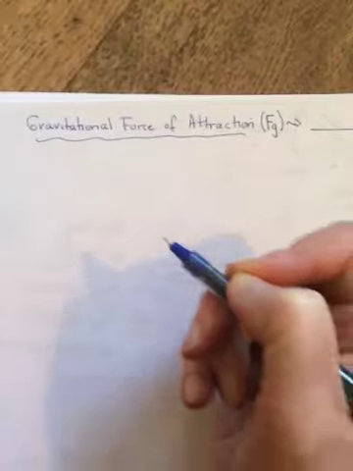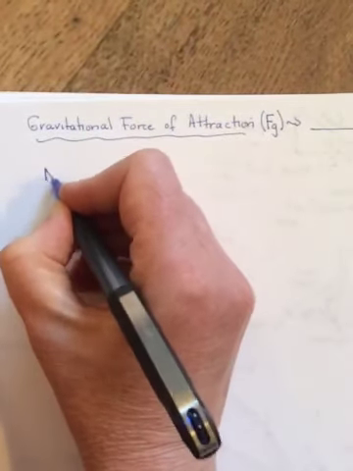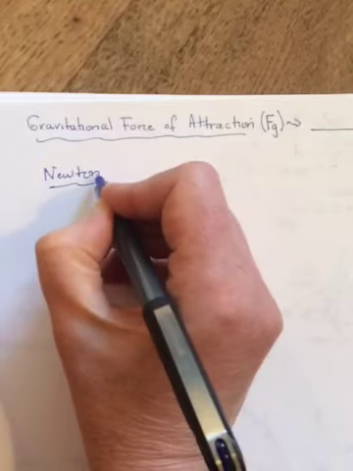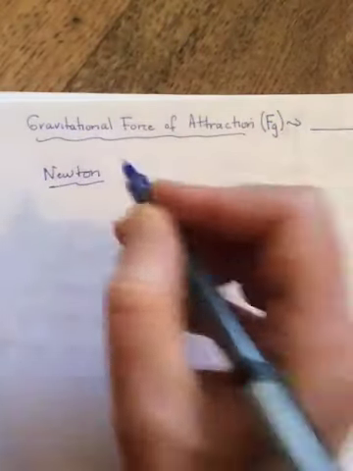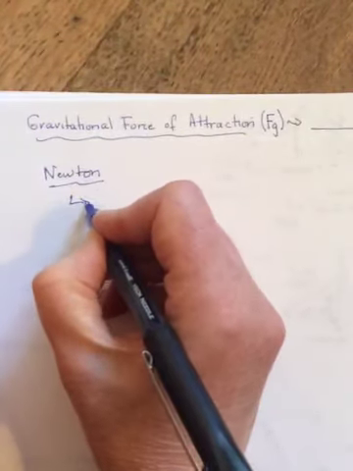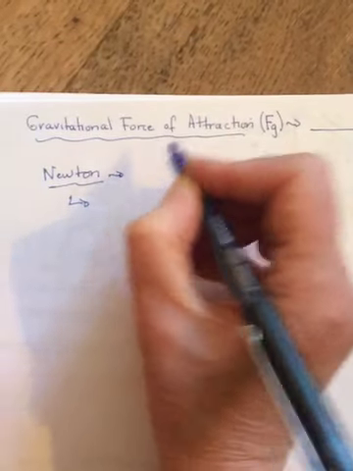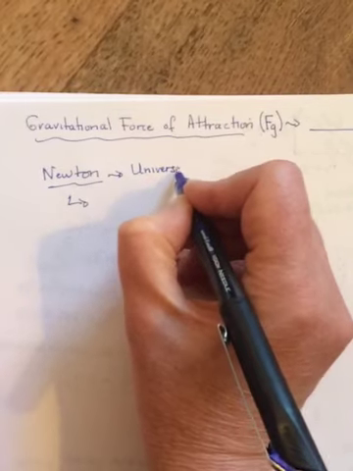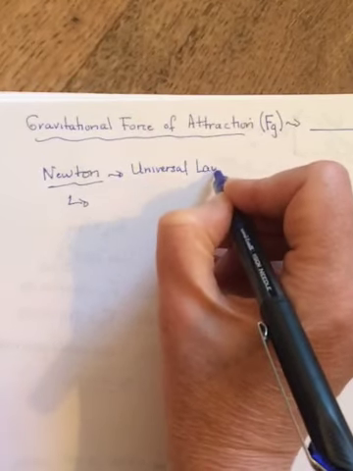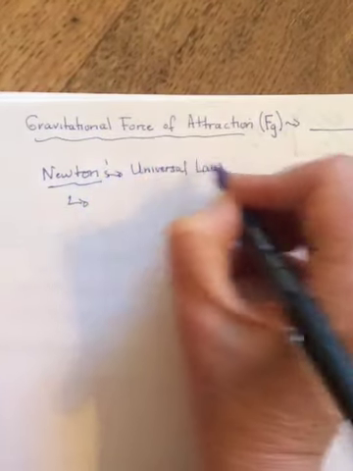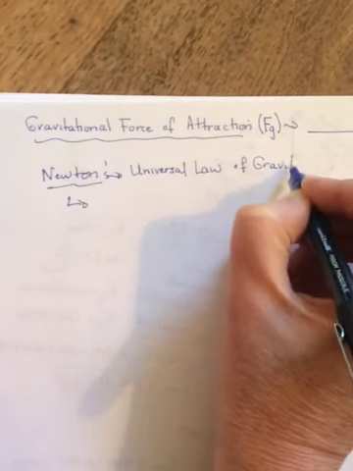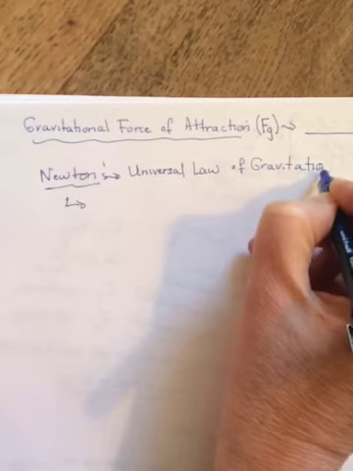And really, in the end, it was Sir Isaac Newton that figured out gravity. Okay? And what Newton said, and what we're going to get to, is the universal law of gravitation, Newton's universal law of gravitation. So what Isaac Newton said, he expanded it.